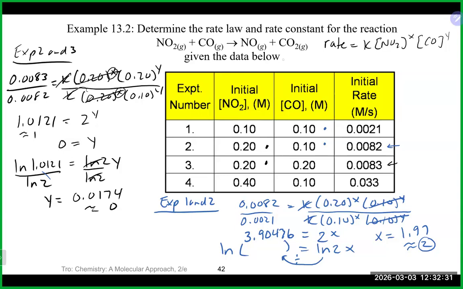So here our rate law would be something like the rate is equal to K times NO2 squared. Now it's up to you. You can put the CO in here if you choose to do so, but you do need to write the 0 up on top. Because if I write the CO without the 0 on top, that implies it is what order?